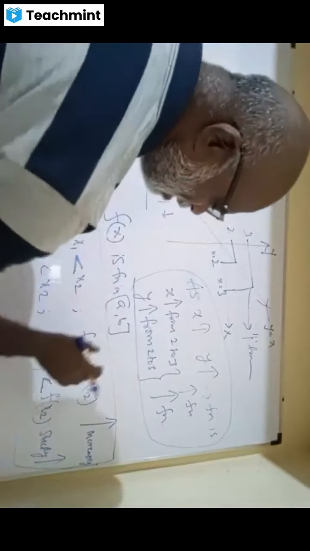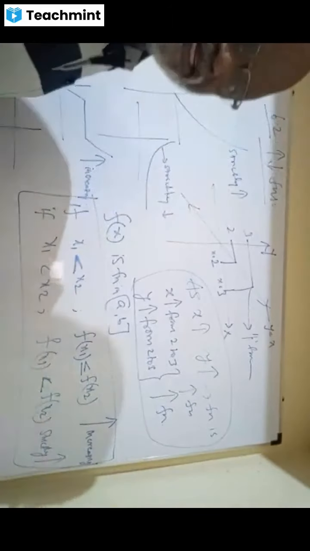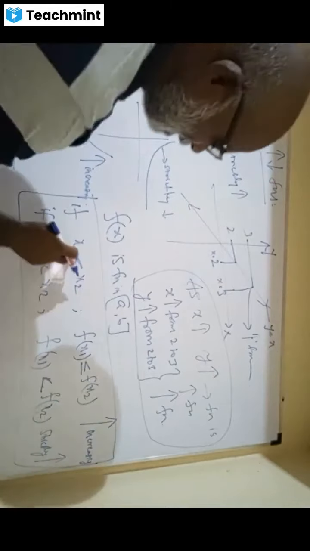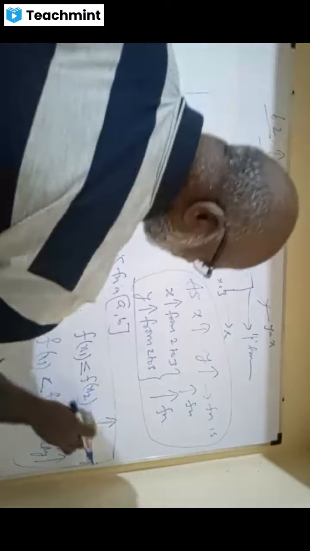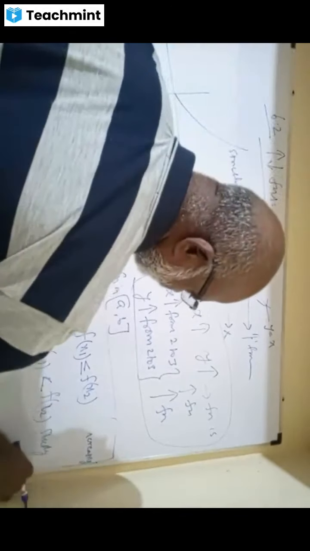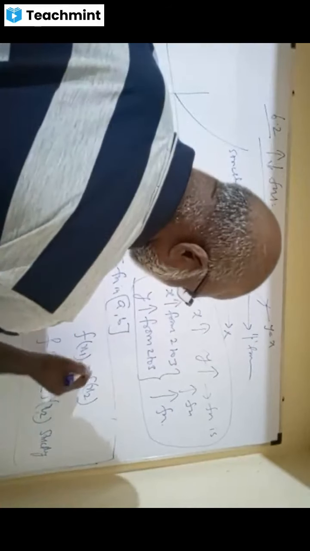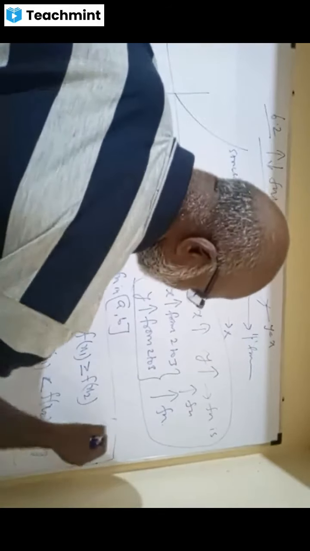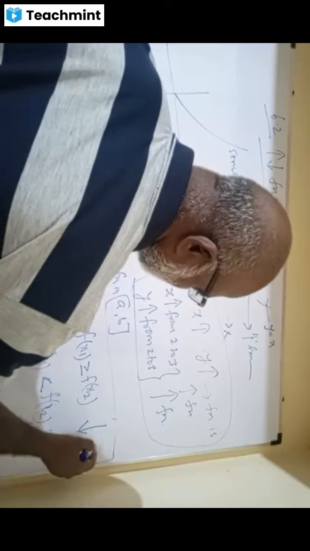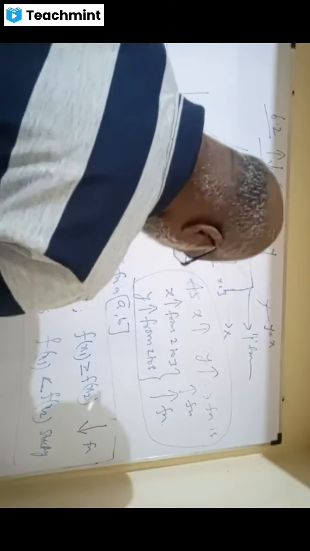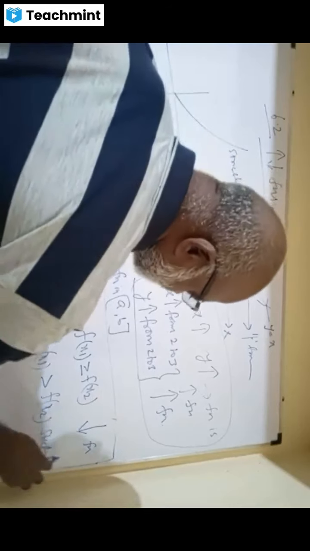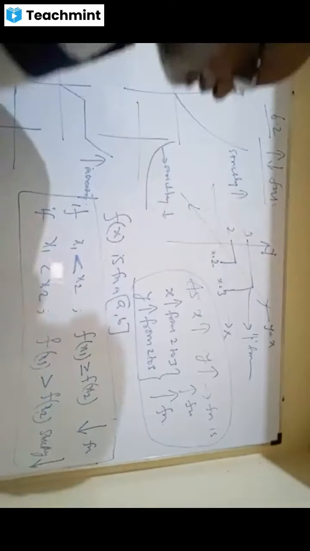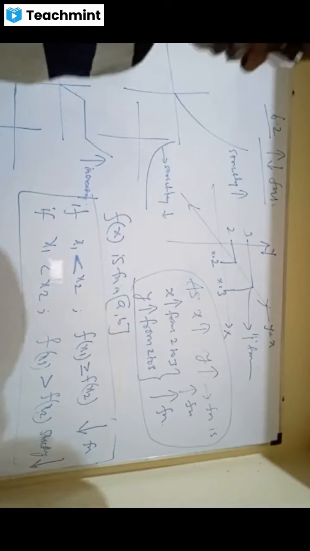They follow the same pattern of inequality signs. Whereas for decreasing, where it was less than, this should be greater than or equal to. This is called a decreasing function. Again, less than becomes greater, and that is called a strictly decreasing function. That's it.